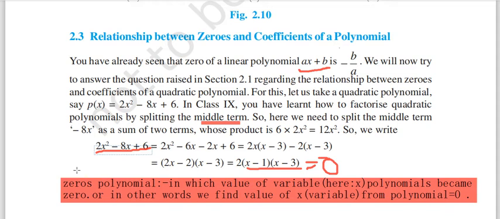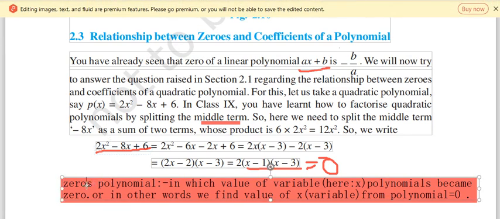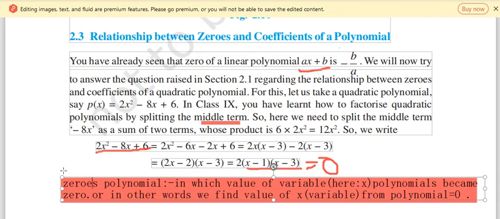We know that the zeros of a polynomial are the values of the variable, here x, for which the polynomial becomes 0.